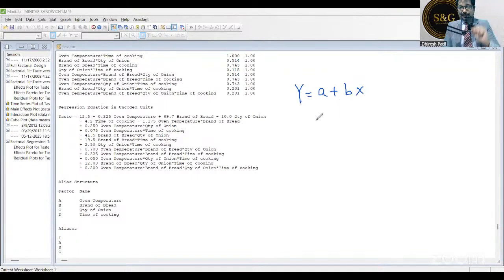This is the original equation. Again, it's a linear equation. So it will be Y is equal to A plus B1x1 plus B2x2 plus B3x3, etc. Okay. So here is the complete regression equation you can see, which is a huge regression equation.